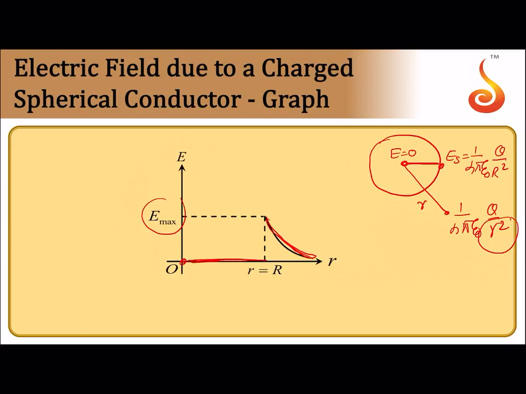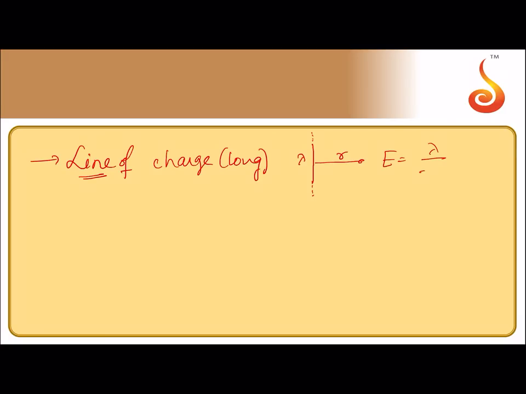Good. So let us just look at the summary of these three things. Number 1, for a line of charge, remember it is a long line of charge, infinitely long. So we can show it like this. It extends up to infinity. The electric field is given by lambda by 2 pi epsilon naught r.